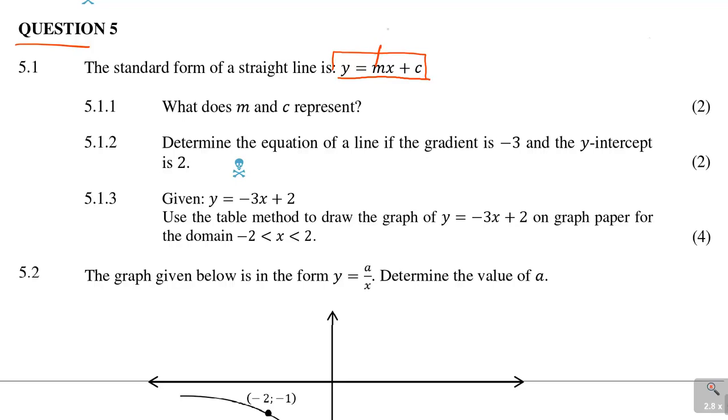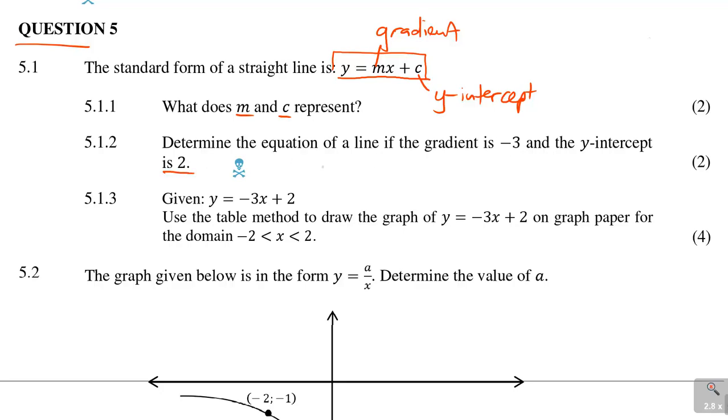Don't forget, m represents the gradient of the graph and c represents the y-intercept. Don't forget that. So that is what m and c mean. M is the gradient, c is the y-intercept. And then it says, determine the equation of a line if the gradient is 3 and the y-intercept is 2.